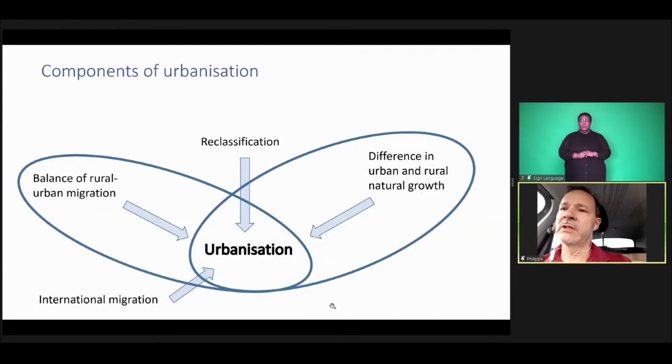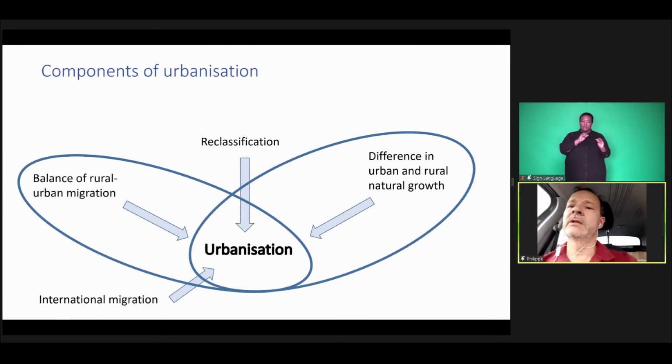The urbanization dynamics are the interplay of several factors. First, there's the obvious effect of migration that is contributing to urbanization. That is mainly the balance between rural-urban migration and urban-rural migration, so the net migration to the benefit of urban areas. But there's also the so-called reclassification effect.